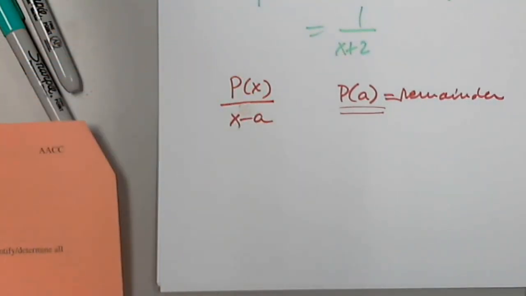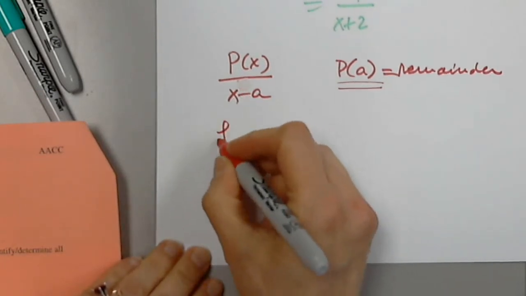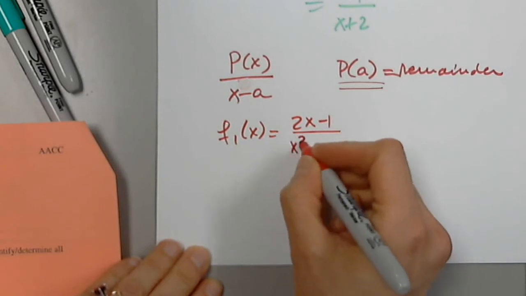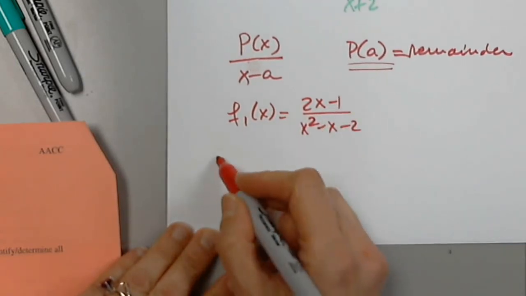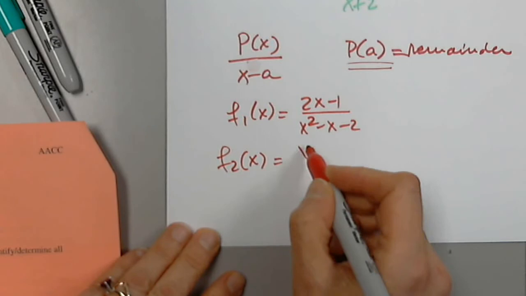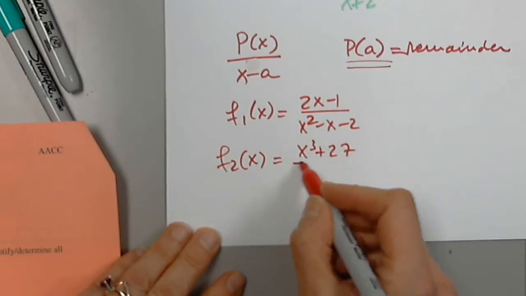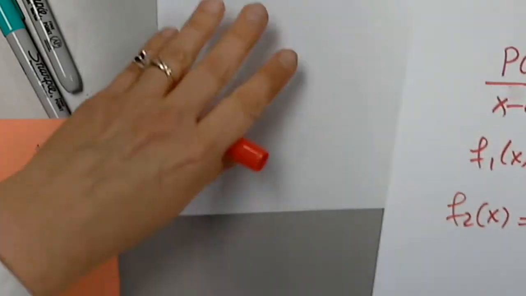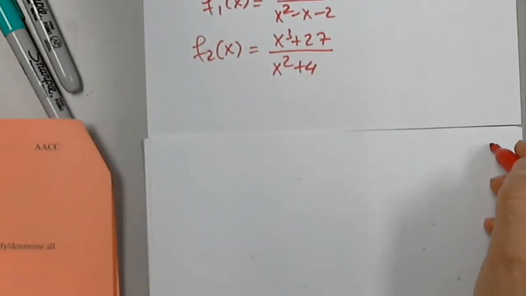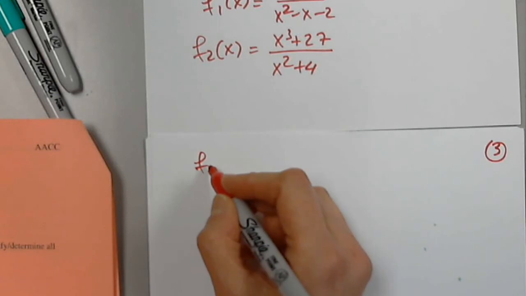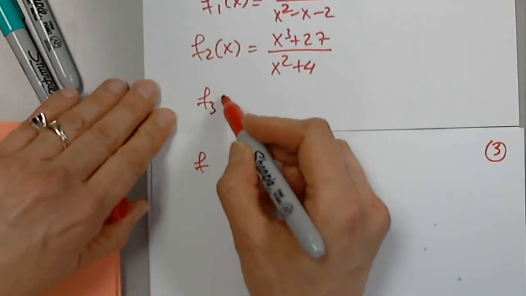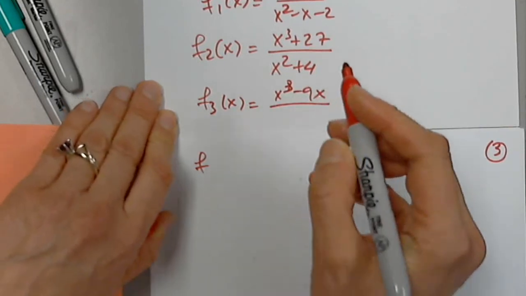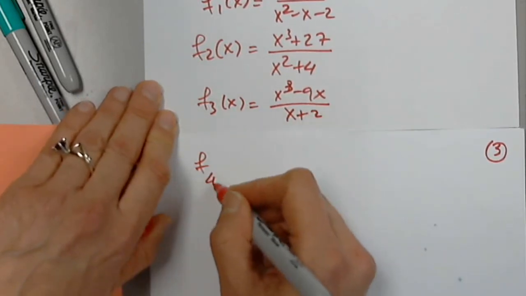Problem 3. So we have f1, 2x minus 1 over x squared minus x minus 2. We have f2, x cubed plus 27 over, I need to write them down because I don't have enough room there. I write big. I have room for f3, x cubed minus 9x over x plus 2.